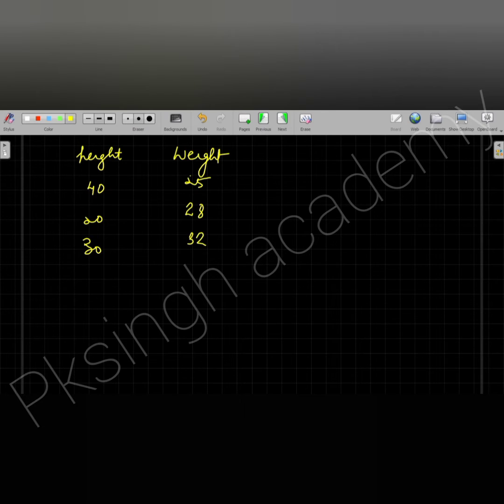When the height is 40, the weight is 25; when height is 20, the weight is 28; and when height is 30, the weight is 32. So what we see here is the relation between these two variables. Studying the relation between two variables is known as correlation. Clear?